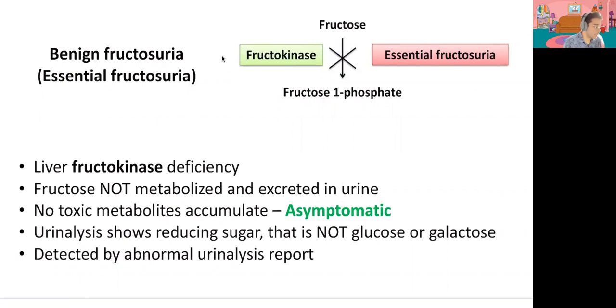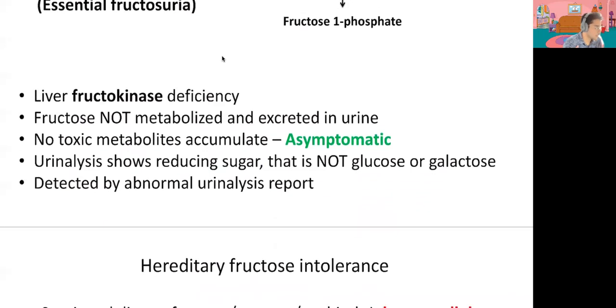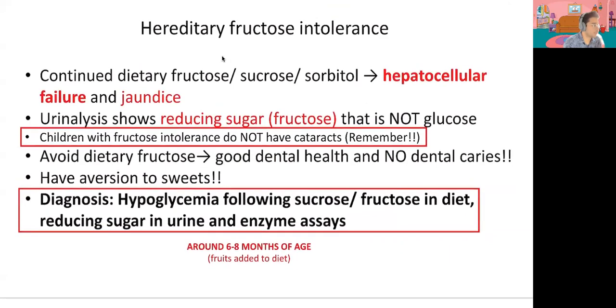So liver fructokinase is deficient, fructose is not metabolized, and it's asymptomatic. Buzzword heavy: asymptomatic. Urinalysis will show reducing sugars that are not glucose or galactose. They will tell you this. Pay attention to this, since detection by abnormal urinalysis is a common thing you'll see.